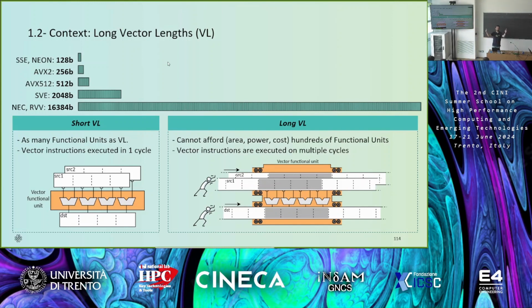So if we have 256 double precision elements processed 8 by 8, how many cycles do we need? 256 divided by 8, 32 cycles, okay? So to process one vector instruction, we need 32 cycles if the data are already in the register file, okay? So it's really a lot of work, a lot of cycles, right?